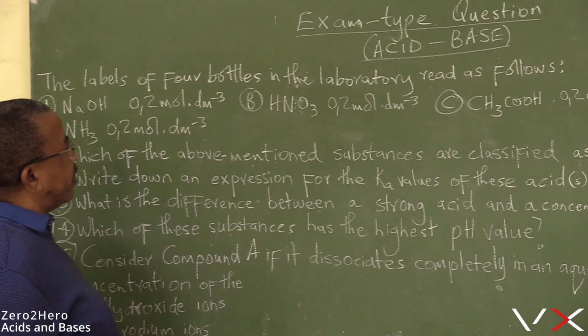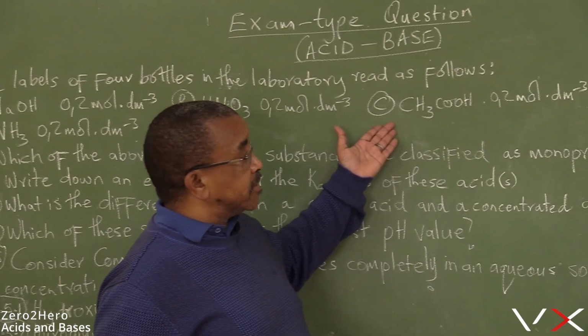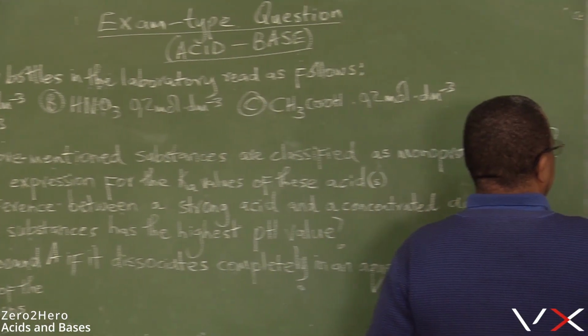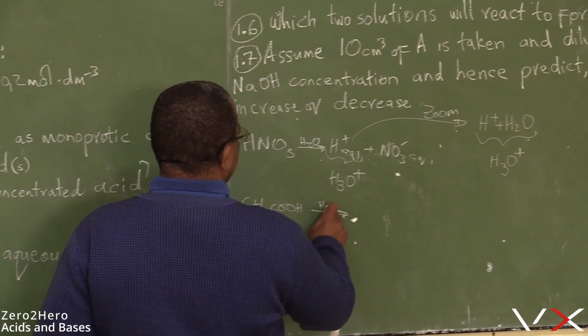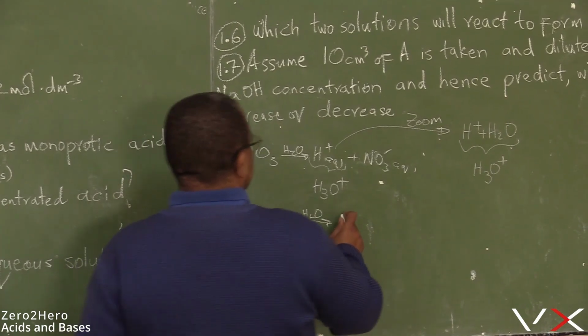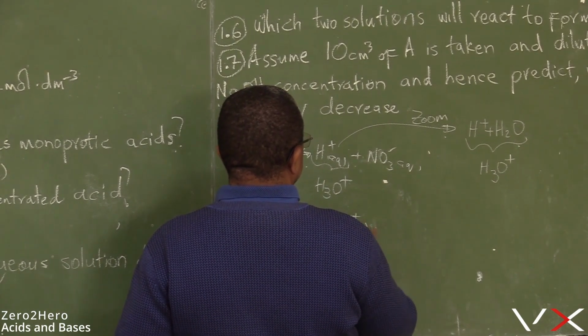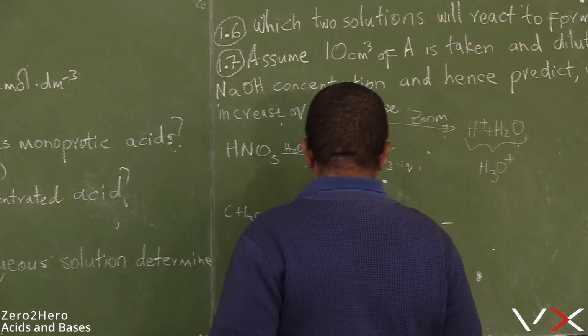Right. What about number C? Number C is also monoprotic. Why? We said before, CH3COOH in water will also give us H plus aqueous and CH3COO minus.